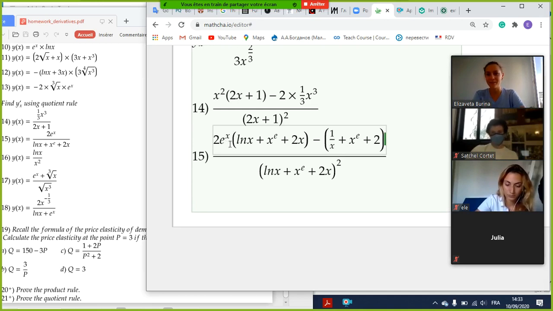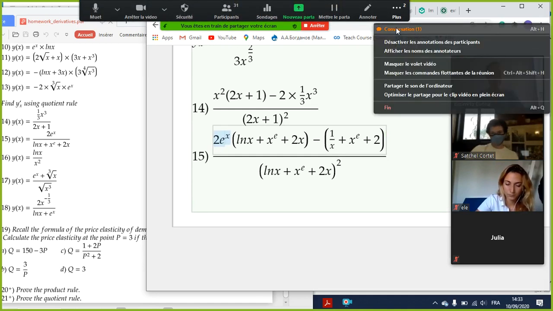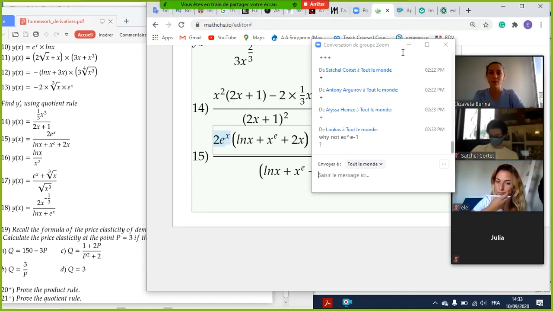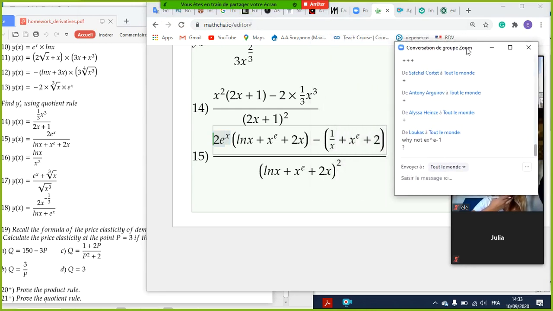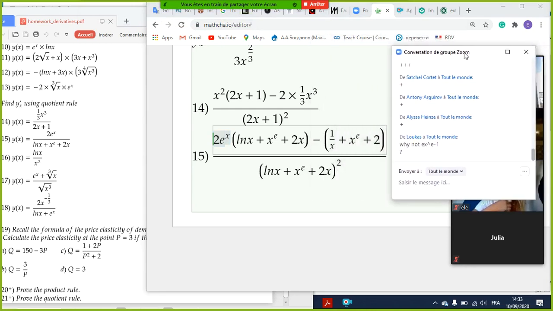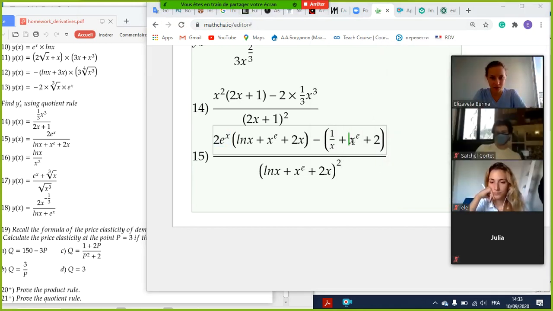Okay, I hope so. And we multiply it by... Oh no. Again. Why not exactly? Yeah, that's a correct question because I'm taking the derivative and it's not e to the power of x, it's x to the power of e.